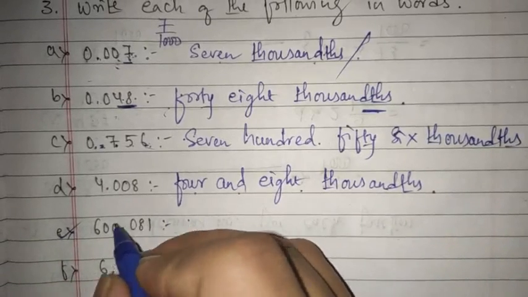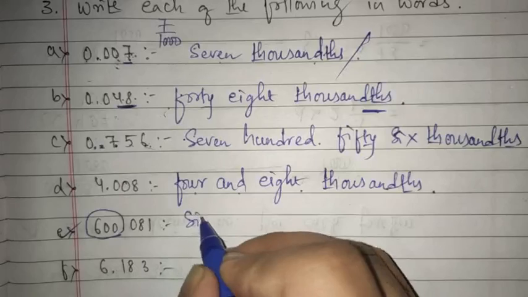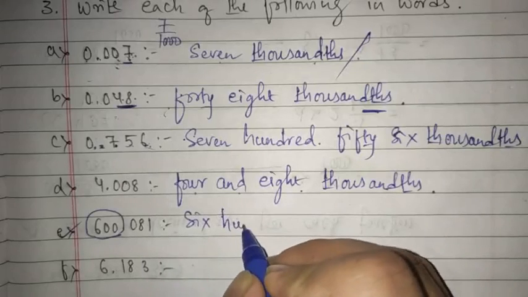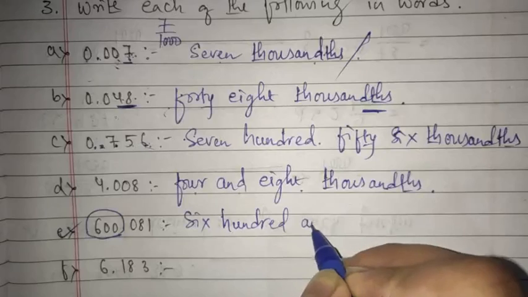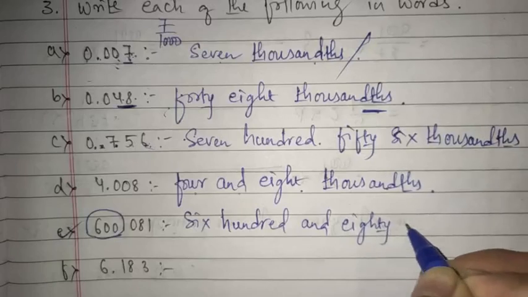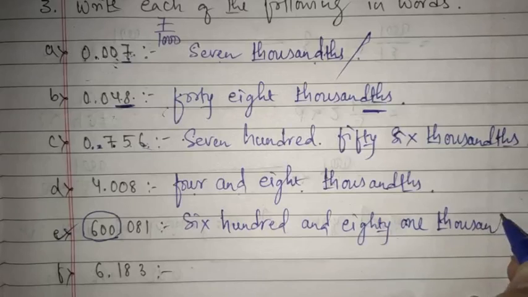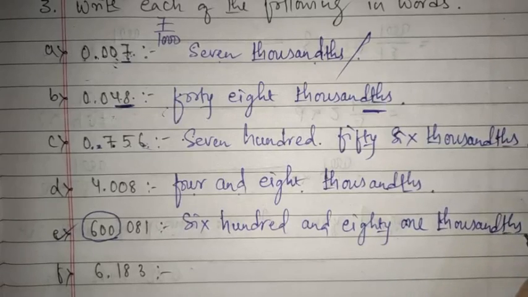Similarly, here we have part E. You'll write directly 600 because this is a whole number before the decimal. So you'll write 600 and 81 thousandths. Okay, children.